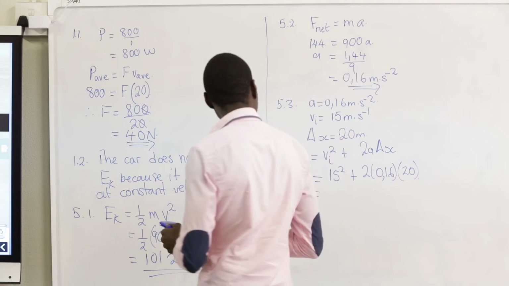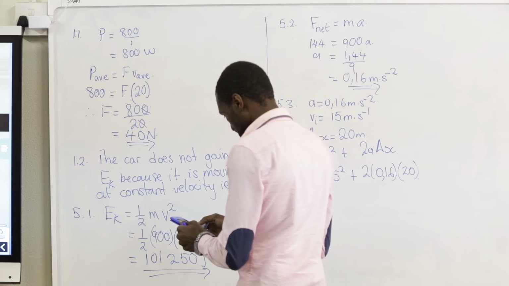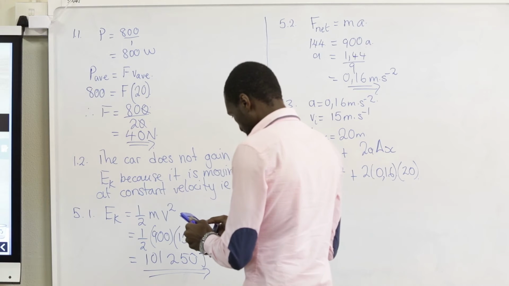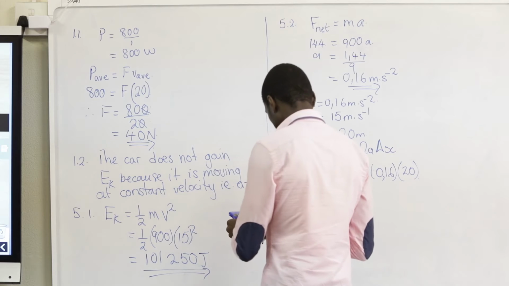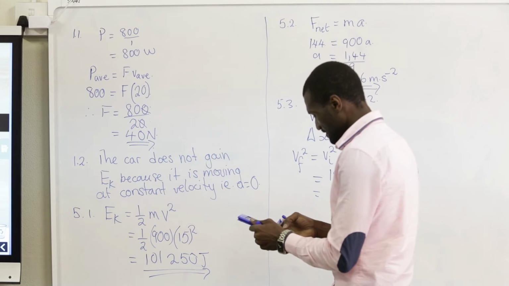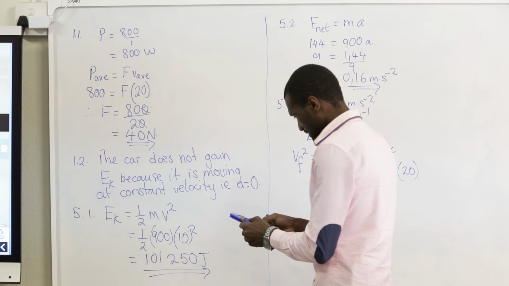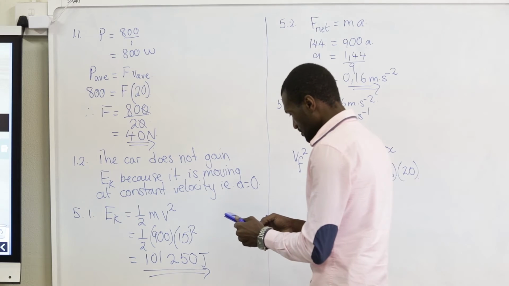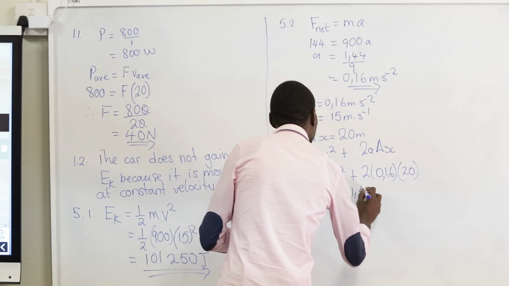15 squared plus 2 multiplied by 0.16 multiplied by 20, I just forgot to put the brackets around that, is going to be equal to 231.4.